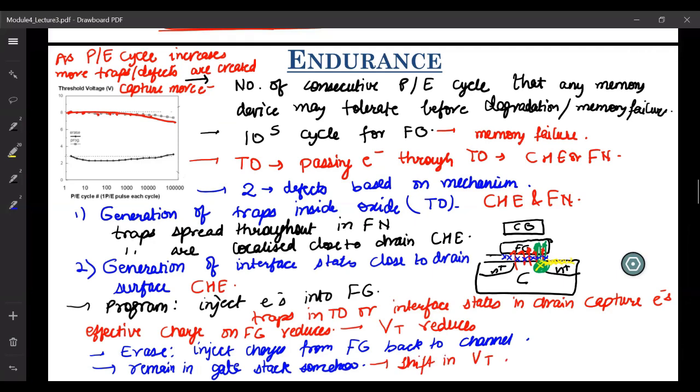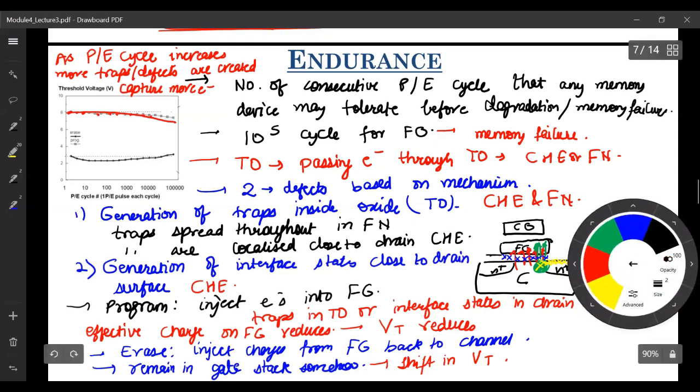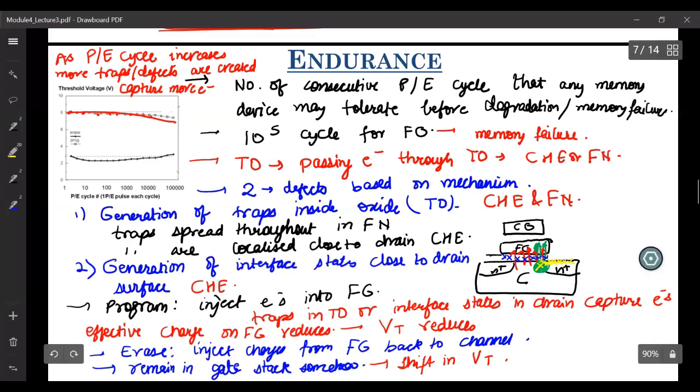So what you should ensure while erasing is that you bring back all the charges that were on the floating gate to the channel. If somehow some of these electrons are trapped in your defects, let me write that as well. If somehow the electrons are trapped within the tunnel oxide, then that would also lead to a VT shift.